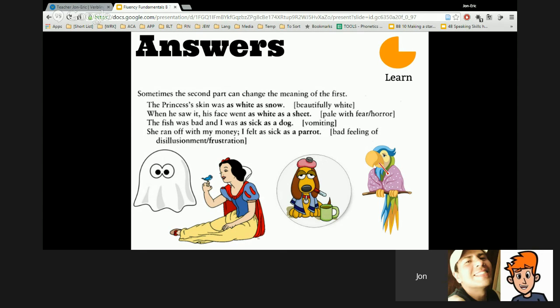We saw that white as a sheet means white because you're afraid. All the blood drains out of your face and you're afraid. You turn white as a sheet. So, similes, what we're working on today in this class, are just like metaphors, but you have to use the word like and as. So that's really the only difference between them.